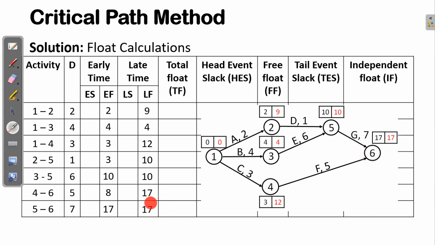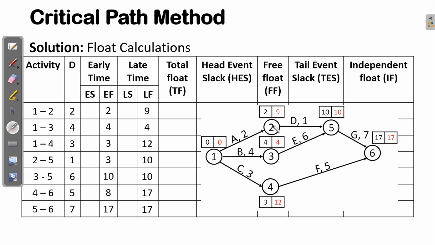So you can see here. Also activity 3 to 5, 2 to 5, both of them share the same node, and the late finish time of these two activities is 10. So you can see 3 to 5, 2 to 5, their late finish time is 10.